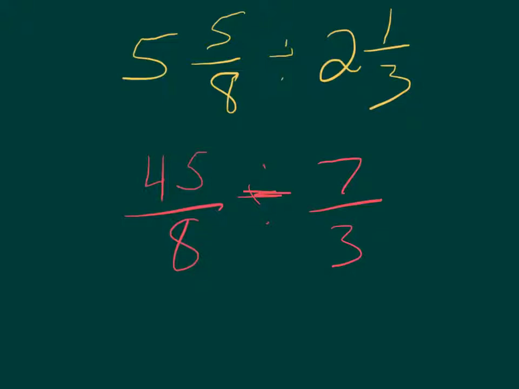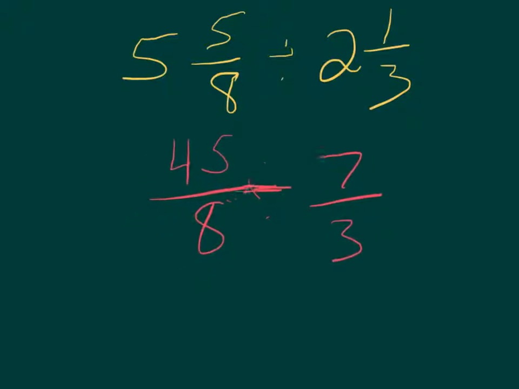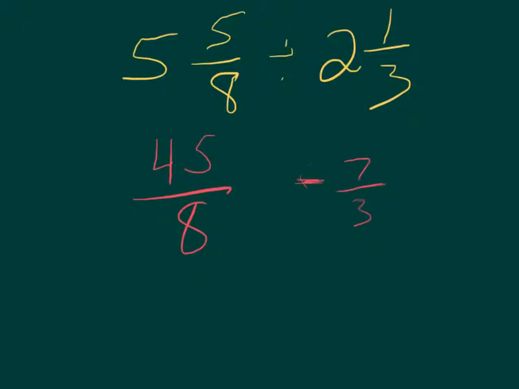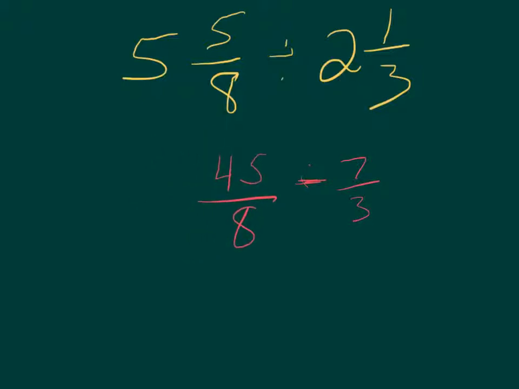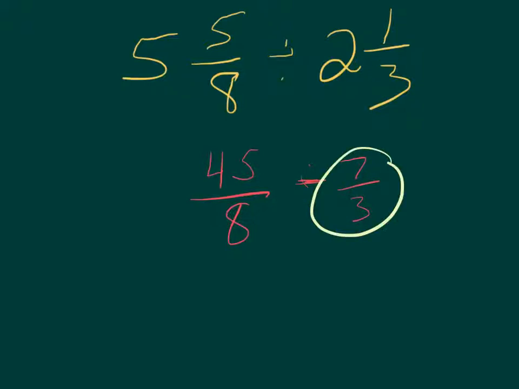And so if you remember the rule, we're going to multiply by the reciprocal of 7 over 3. Once you've changed 2 1/3 to 7 over 3, you don't leave it. You have to actually multiply that first fraction by the reciprocal, or I should say the flip of the second fraction. That's going to become 45 all over 8 times 3 over 7.